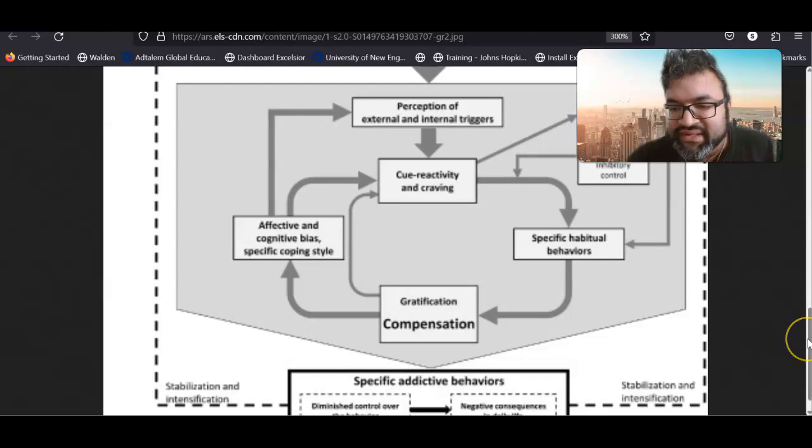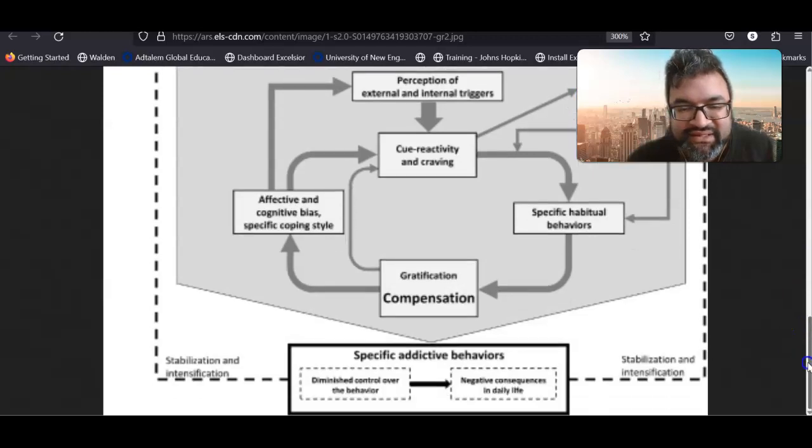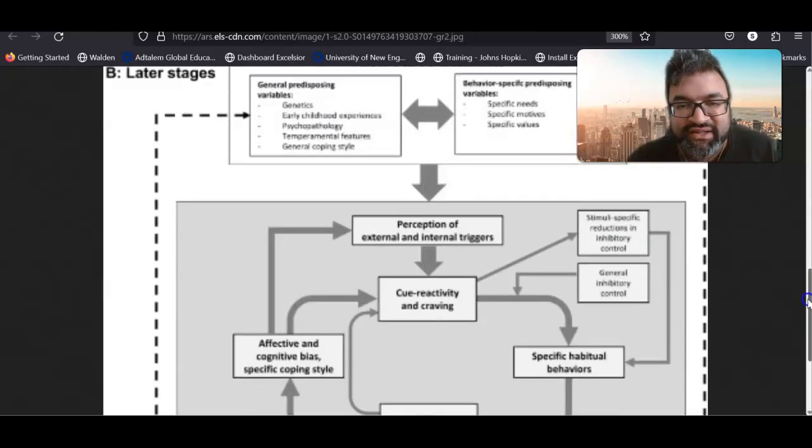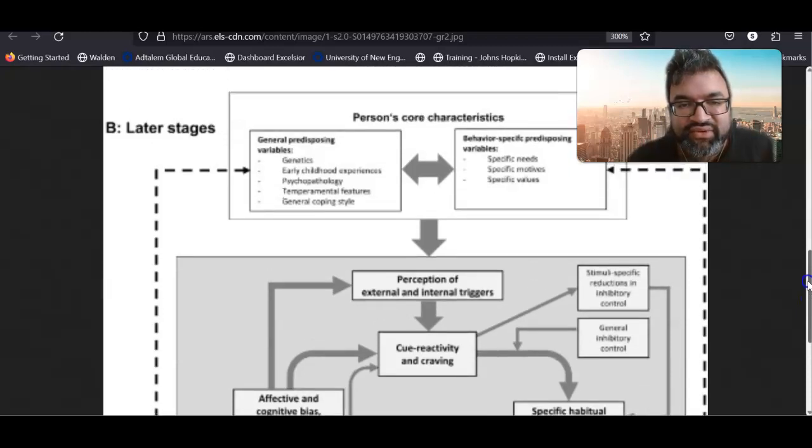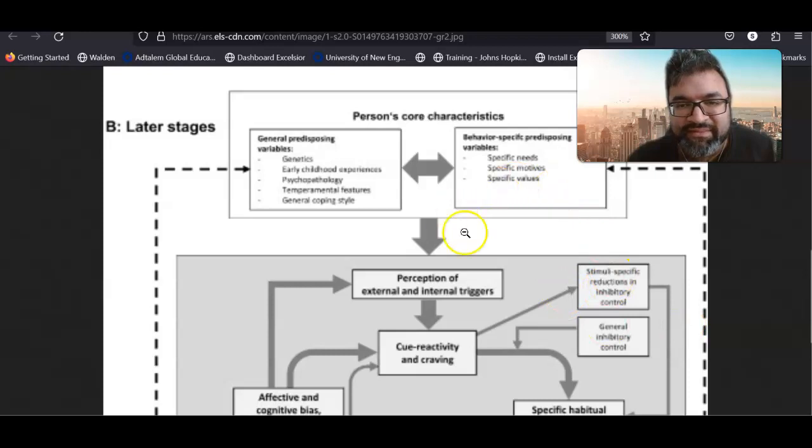Now, this is not the same thing as the figure above, because this goes into the later stages. This might be the same person's core characteristics, however, these may change. And so there's the general inhibitory portion, and then stimuli specific reductions in inhibitory control.